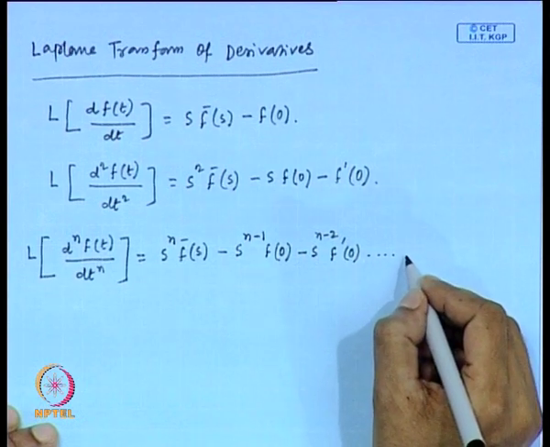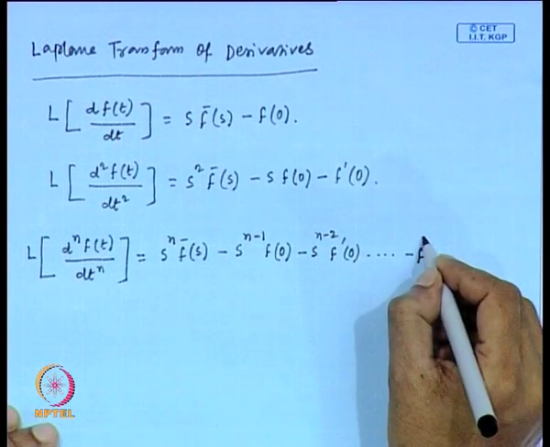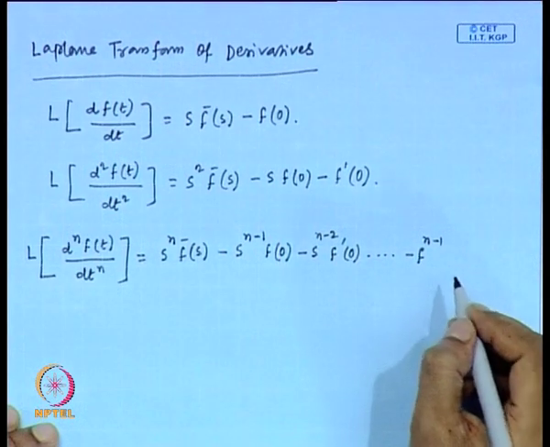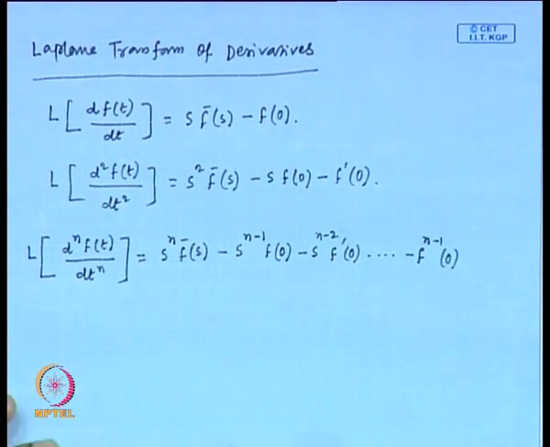In this way, the last term will be the (n minus 1)th derivative at 0.